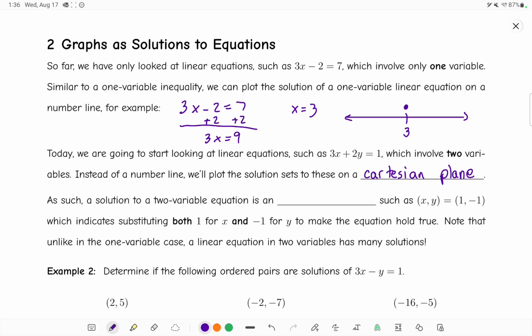As such, a solution to a two-variable equation is an ordered pair, such as (x, y) = (1, -1), which indicates substituting both 1 for x and -1 for y to make the equation hold true. Note that unlike in the one variable case, a linear equation in two variables has many solutions.